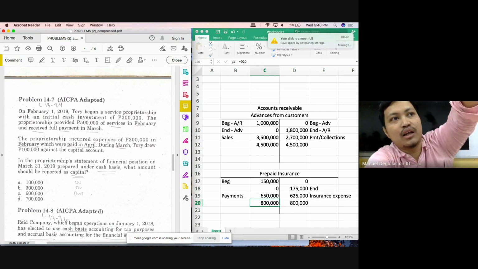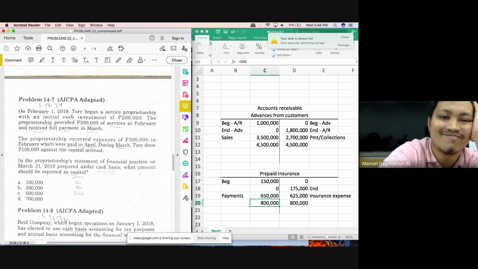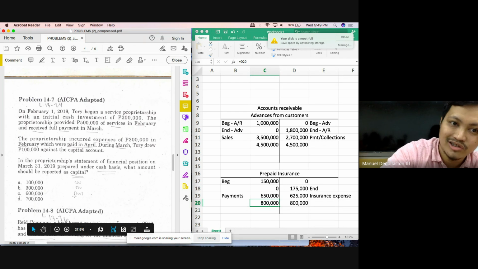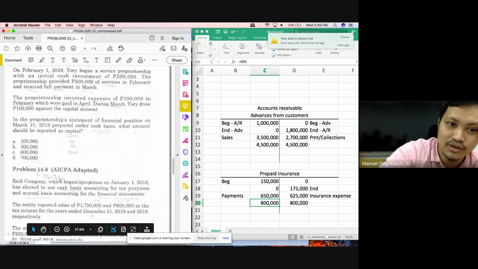So beginning capital of 200 plus income of 500 minus withdrawal of 100, our ending capital balance under cash basis would be 600. Again, if this comes out in the exam, you should feel insulted.